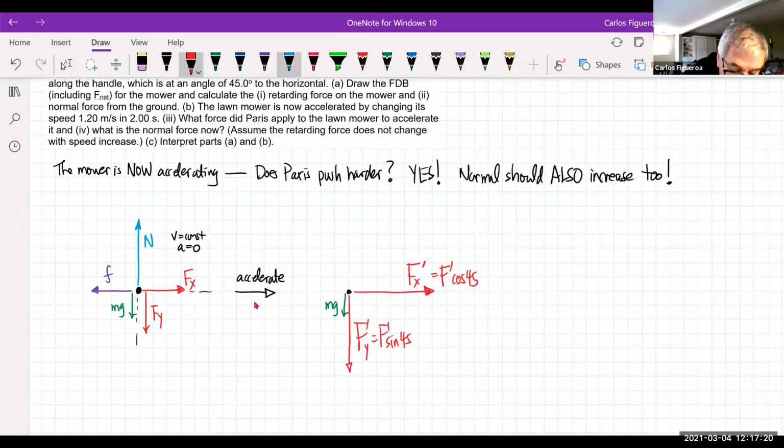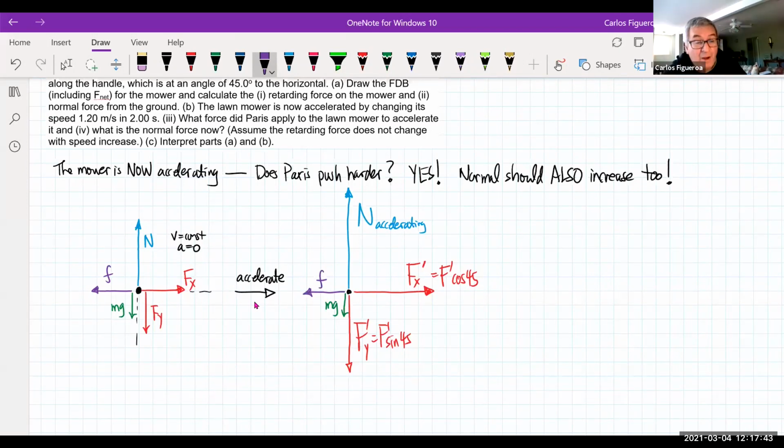So what does that do to the normal? It has to increase now. This is now the normal when you're accelerating. It should be larger here. Friction doesn't change. Friction is not speed dependent.